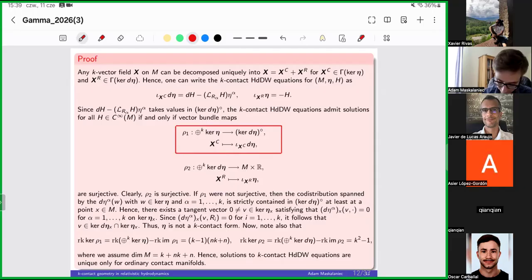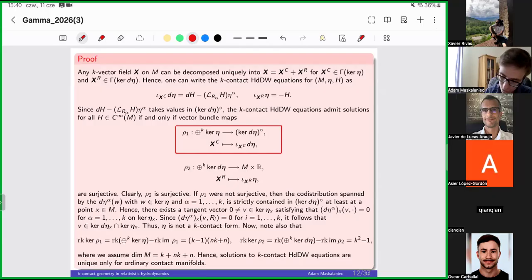And in fact, using this definition of the k-contact manifold, one can prove that rho 1 is surjective. Because if rho 1 was not surjective, then this co-distribution spanned by d eta alpha of w, with w being in the kernel of eta, would be strictly contained in this annihilator, at least at a single point.